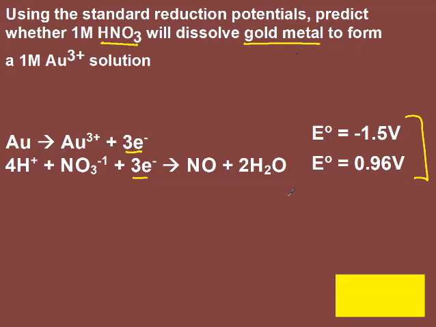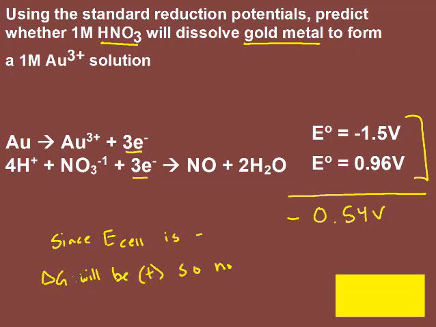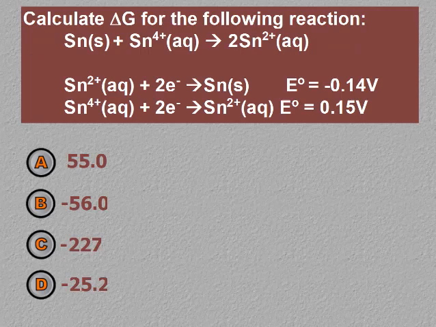So go ahead and calculate your E cell for this reaction. You should get negative 0.54 volts. Since E cell is negative, delta G is positive. So since E cell is negative, delta G will be positive, so no, this will not occur on its own.